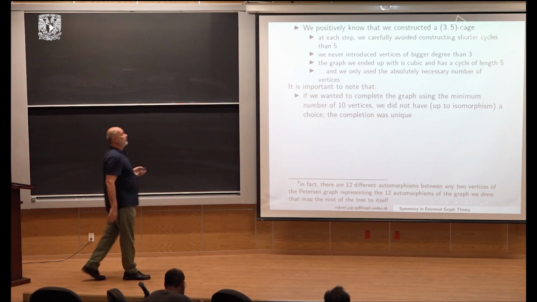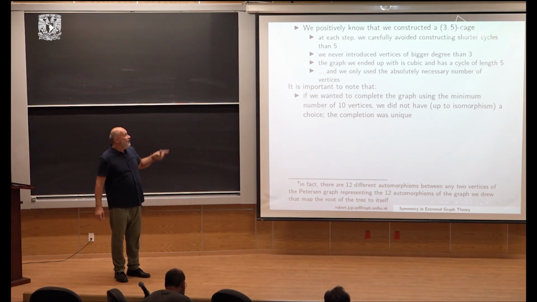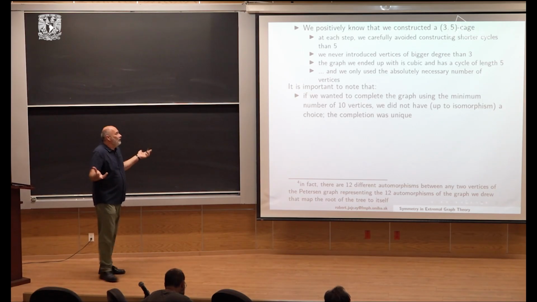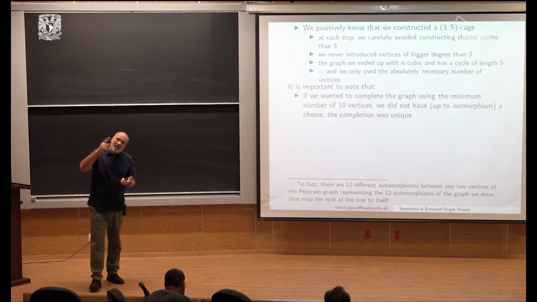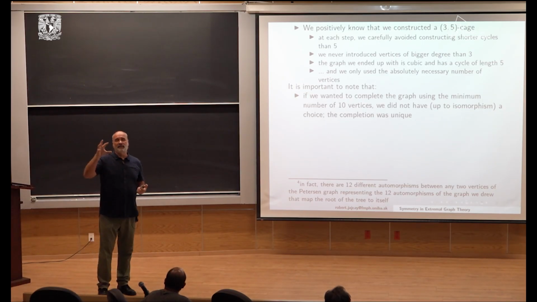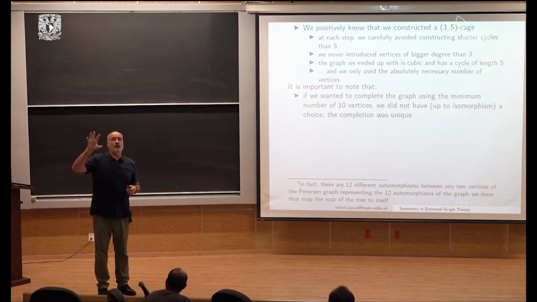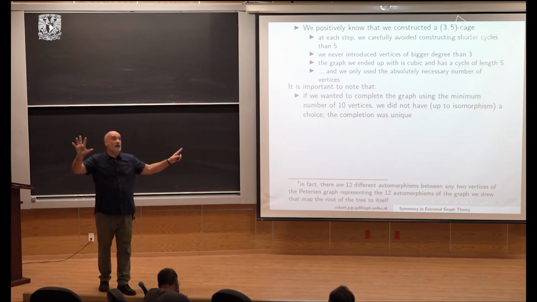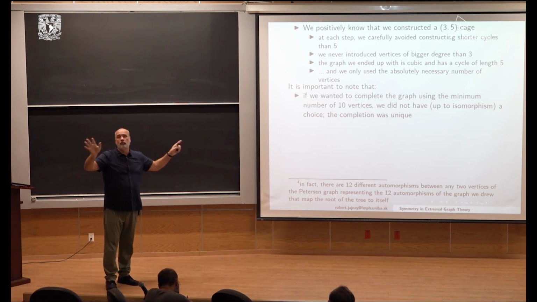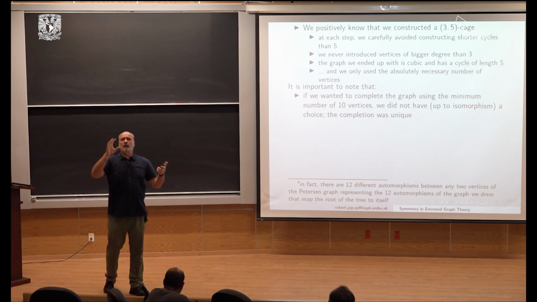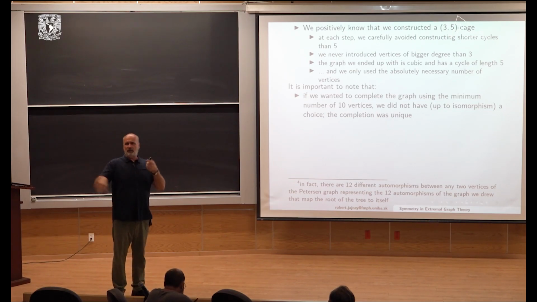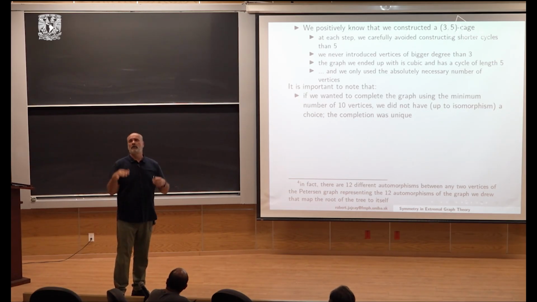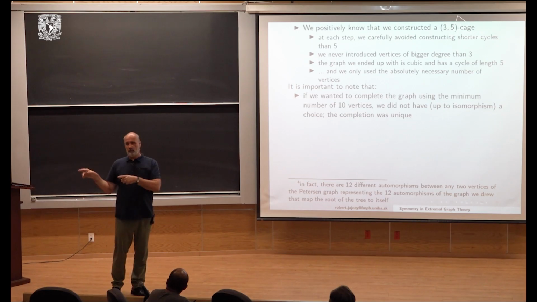The symmetry that I want to point out is that I didn't stress it enough, but in some sense, I didn't have a choice when I was completing the graph. Now, of course, I did not convince you of this. But if you really tried, you would figure out that there must be a 6-cycle and the graph is unique. There is only one way to complete this up to isomorphism.